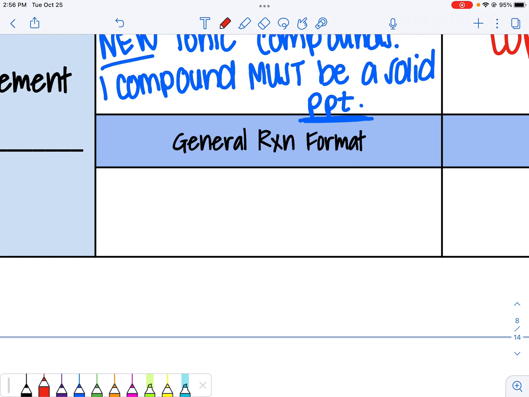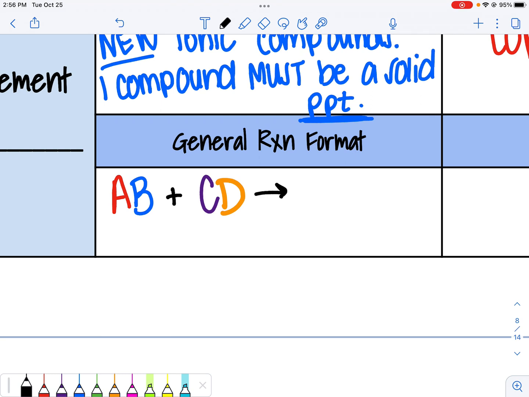So for the general reaction format, let's assume that you have some ionic compound A, B. This ionic compound reacts with compound C, D. These things are going to swap partners according to a rule I call the in-Z-out-Z rule. Your metal from one compound will bond with the non-metal from the other compound.